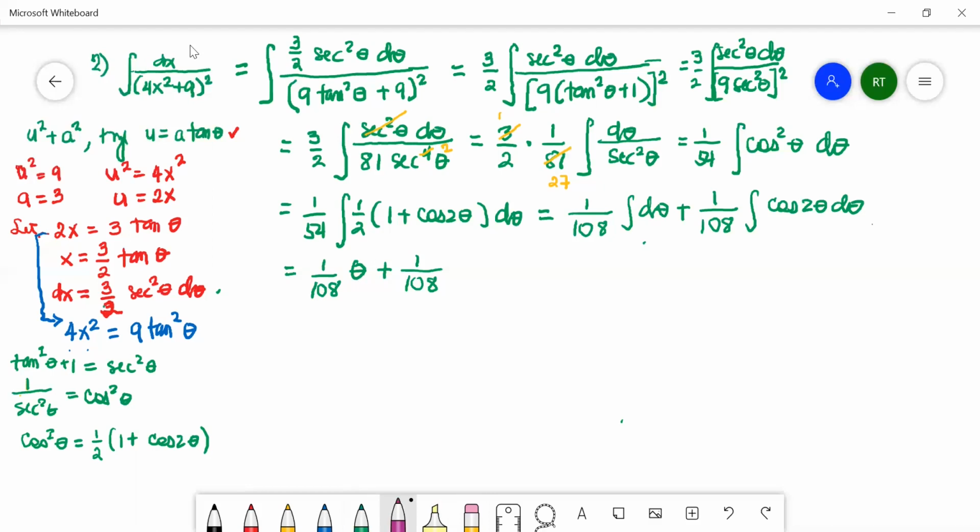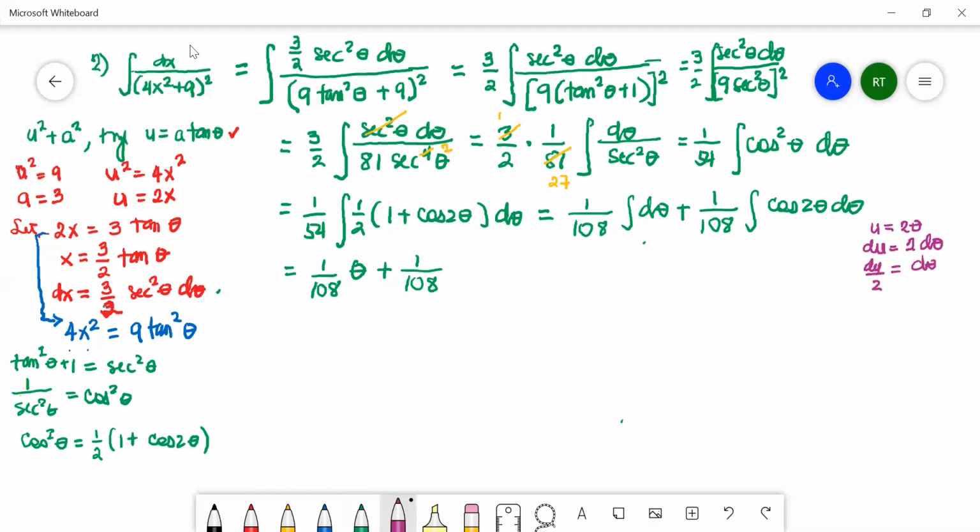So here, we will let u is equal to 2 theta, such that the differential of u is 2 d theta. And since we have cosine of 2 theta times the differential of theta, we can express d theta as du over 2.